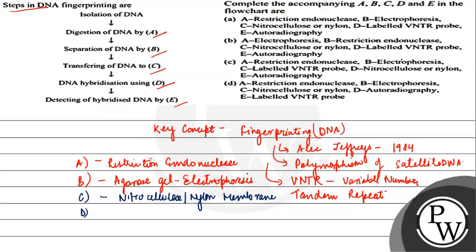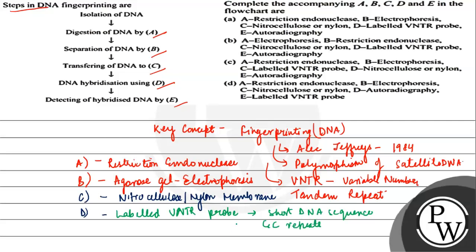Labeled VNTR probe. They are short DNA sequences that are rich in GC repeats.